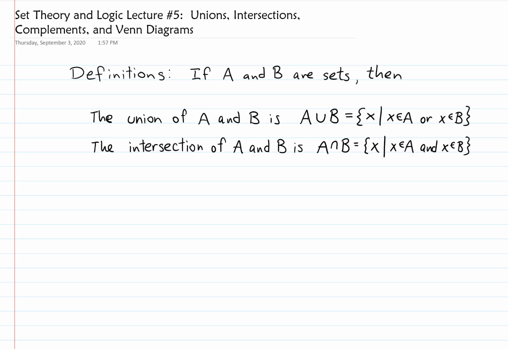Okay? Now I did not write this name up at the top on the title of the page, but we're also going to do what's called the difference of A and B. Now, this is important.